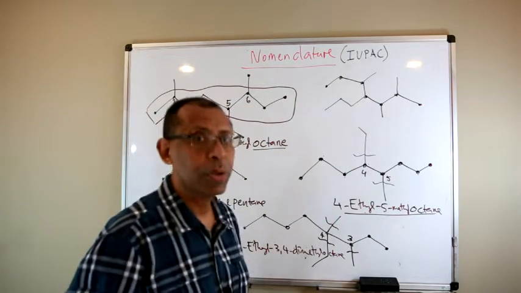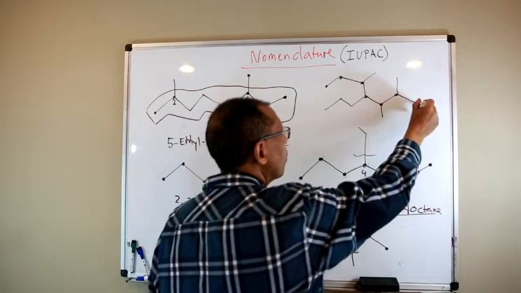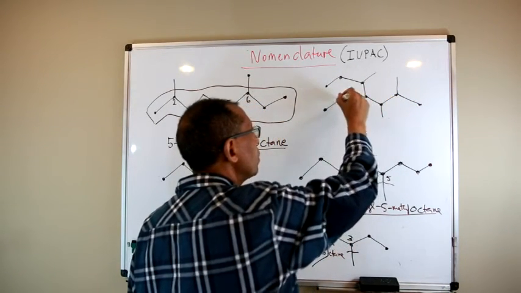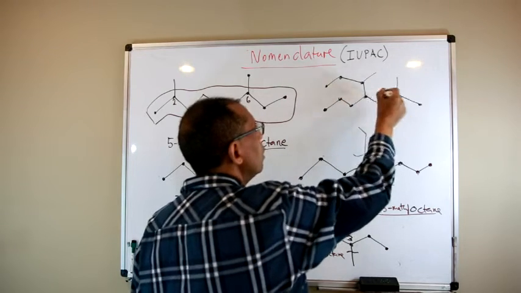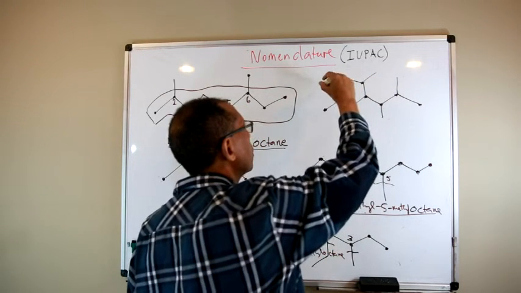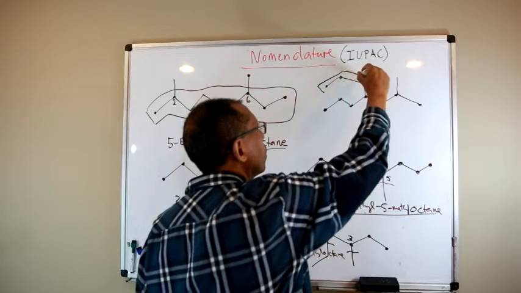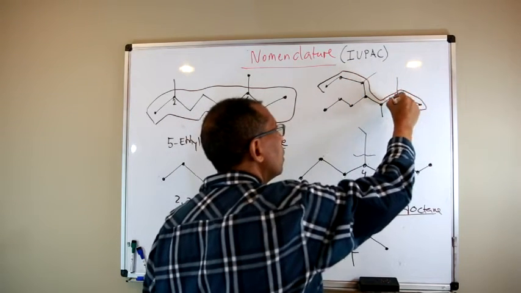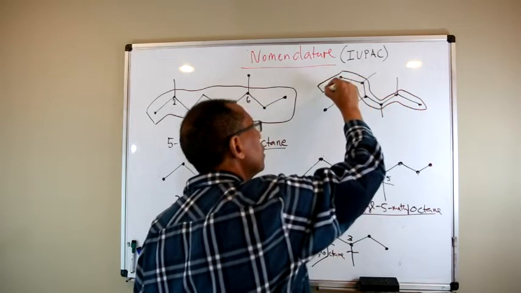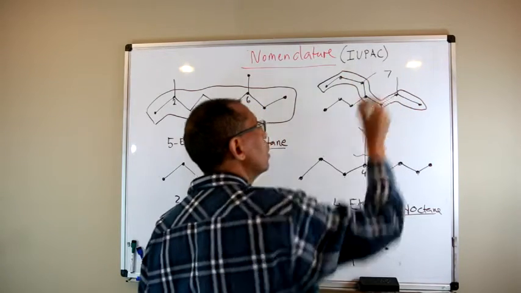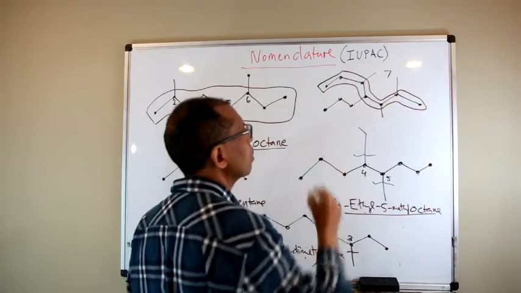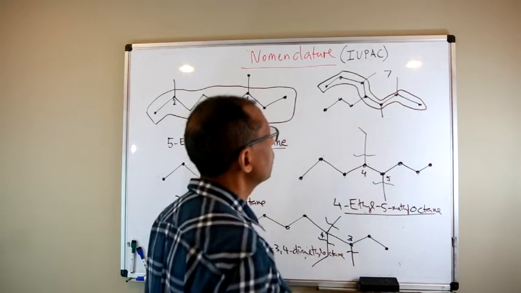Now it's a little tricky, because starting from here, going through this is 7 carbon. And starting, going through this, this is 7 carbon, and going straight across is also 7 carbon.